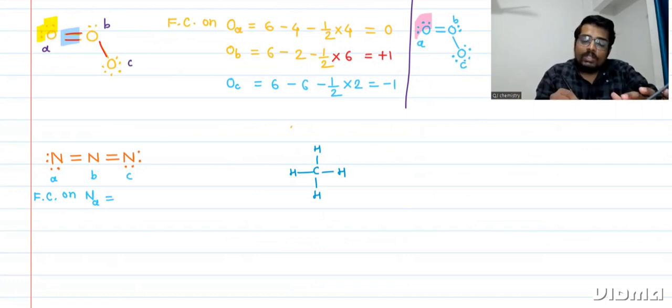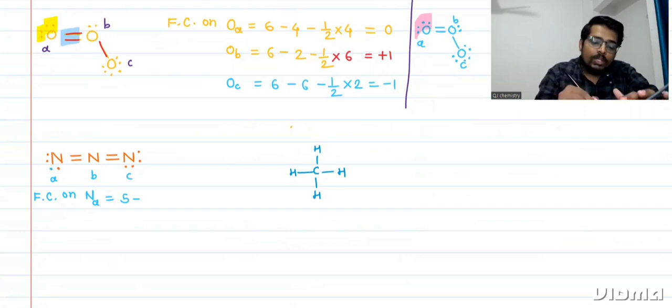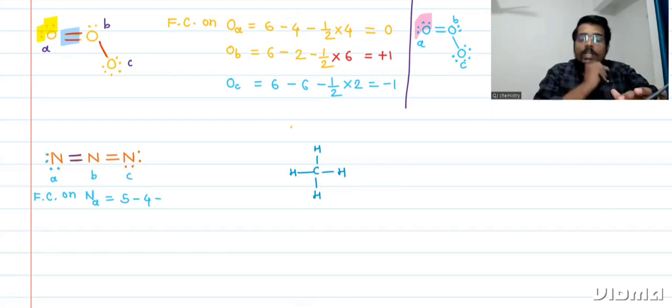We know that the nitrogen valence shell electron count is 5, minus how many dots are there in total? Total 4 dots, so 5 minus 4, minus how many lines, how many covalent bonds are associated with nitrogen A? Two covalent bonds. What is the formal charge on the extreme left nitrogen atom? The formal charge is equal to minus 1.